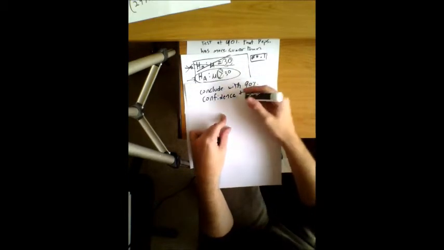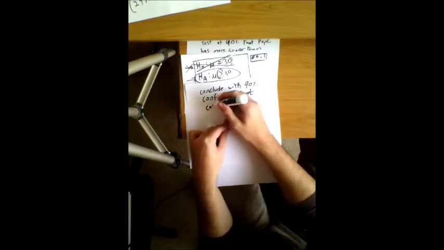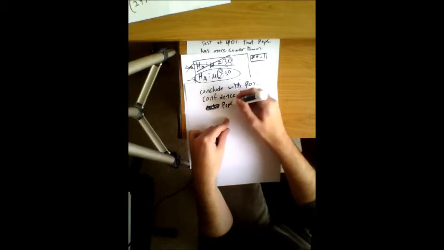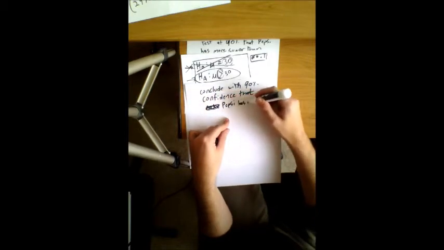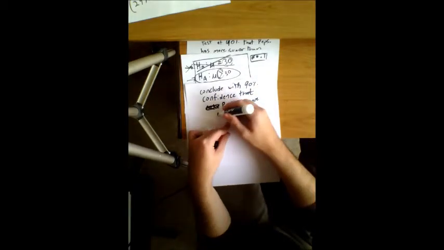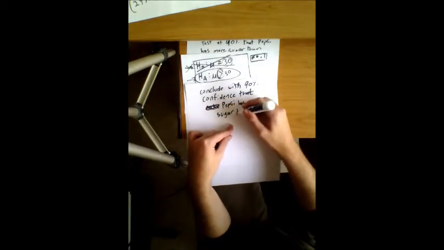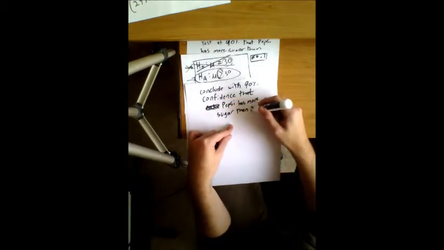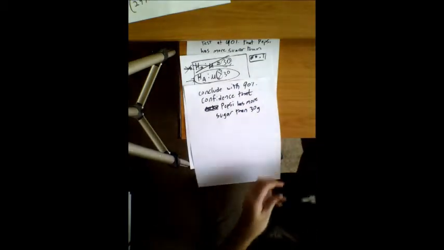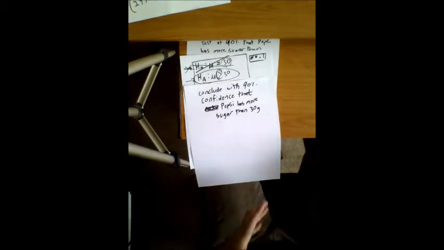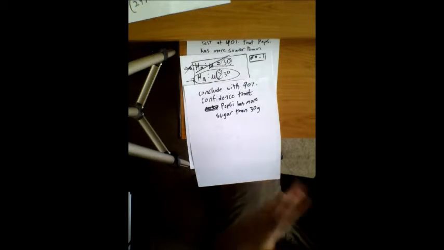So we can say with confidence that, oh, I'm sorry, Pepsi, Pepsi has more sugar than 30 grams, or really more than 50% of the Coke sugar.